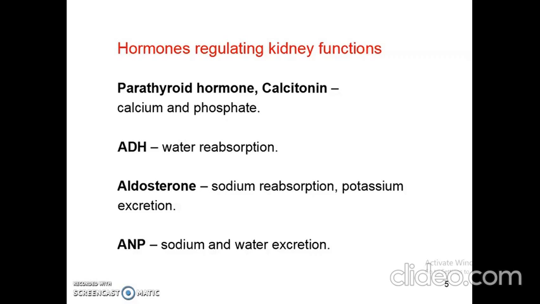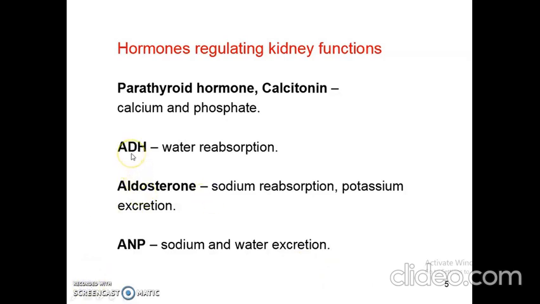The next one is the antidiuretic hormone, secreted by the posterior lobe of the pituitary. When there is a decrease in the water level in the body, the posterior lobe of the pituitary releases antidiuretic hormone, which is influenced by the hypothalamus.